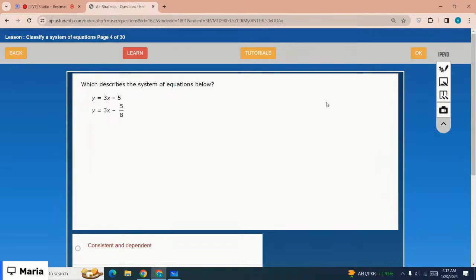Which describes the system of equations below? y equals 3x minus 5 and y equals 3x minus 5 over 8. Which is the correct option?